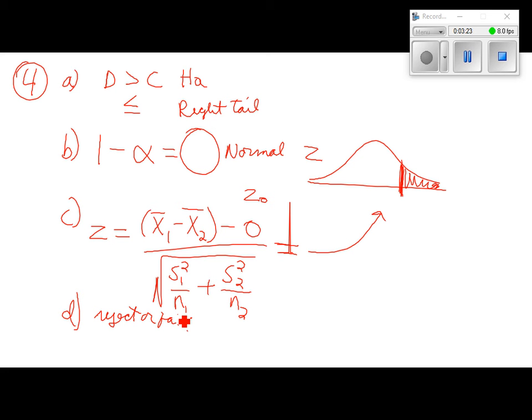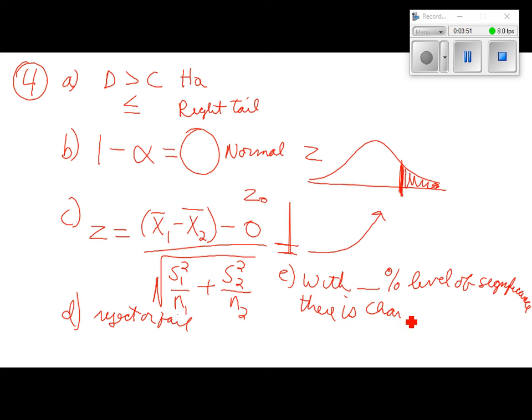And letter E, don't forget with letter E, all the way through the test, it's going to start off with something like with some percent level of significance, there is, and then we use the chart. Remember you got to look back up at letter A and decide if your claim was your HO or your HA, and use that chart and make sure you connect it to the problem.